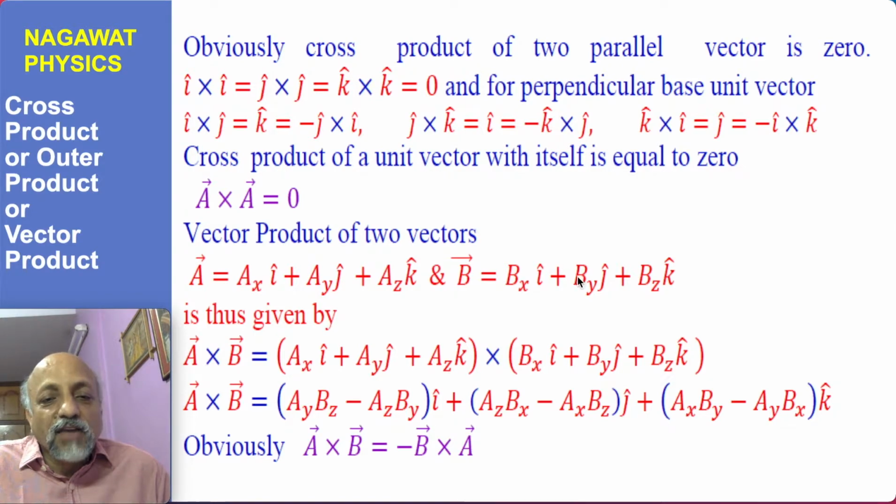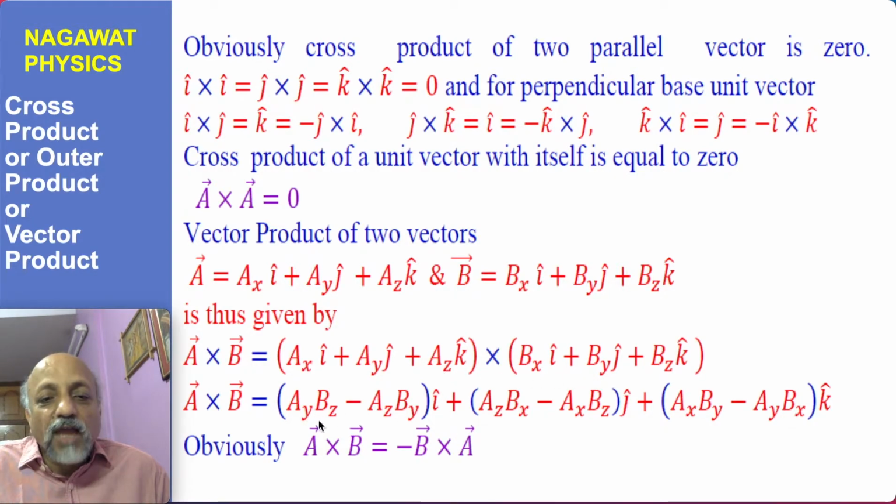but you know that i will appear when Ay j is taken cross product with Bz k, and since j cross k will be involved, it will be positive i. Another involvement will be when Az k is taken with By j, but then it is k cross j, so minus i.